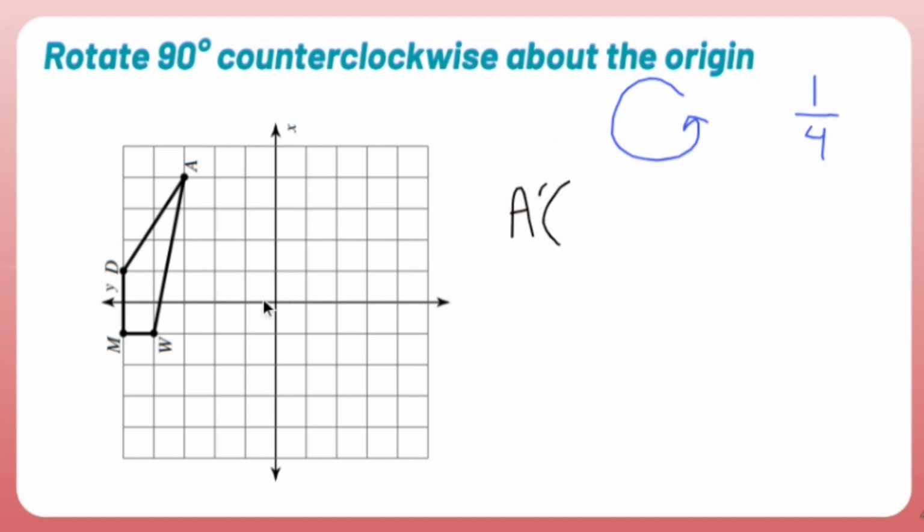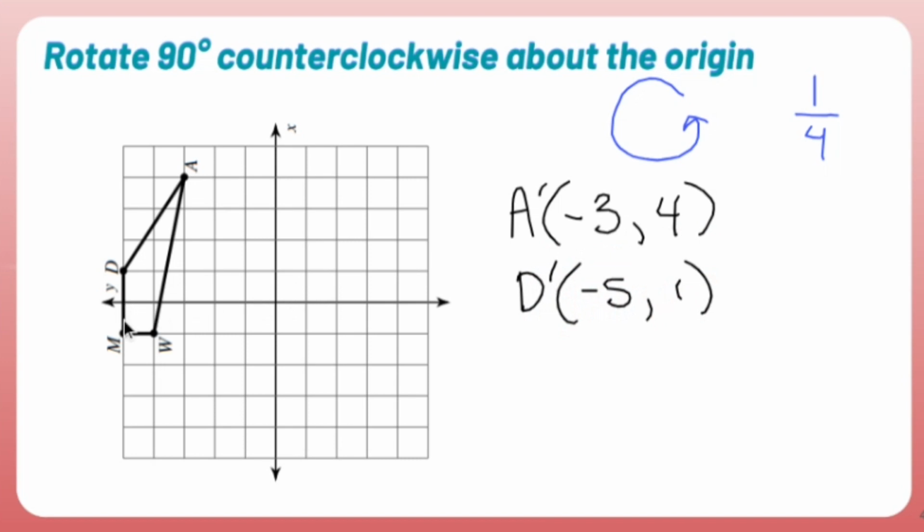So let's get specifics. In order to get from the origin to A, I go left 1, 2, 3, up 1, 2, 3, 4. So A prime is left 3, up 4: -3, +4. In order to get to D, I go from my origin left 1, 2, 3, 4, 5, up 1. So D prime is left 5, up 1: -5, +1.